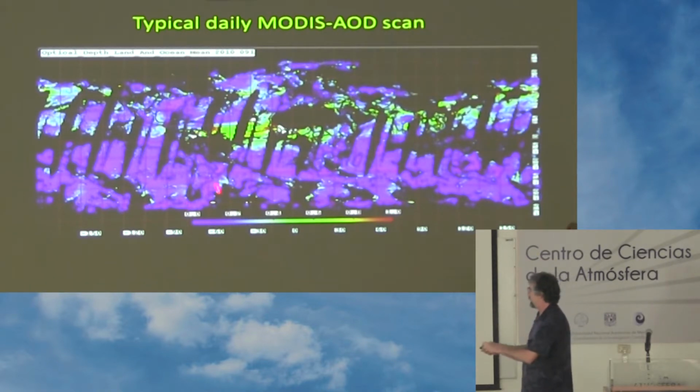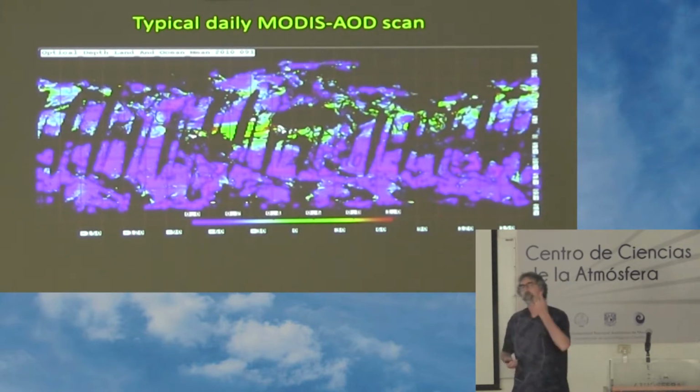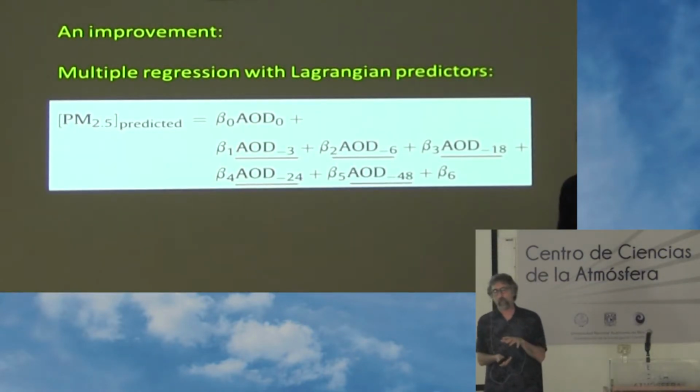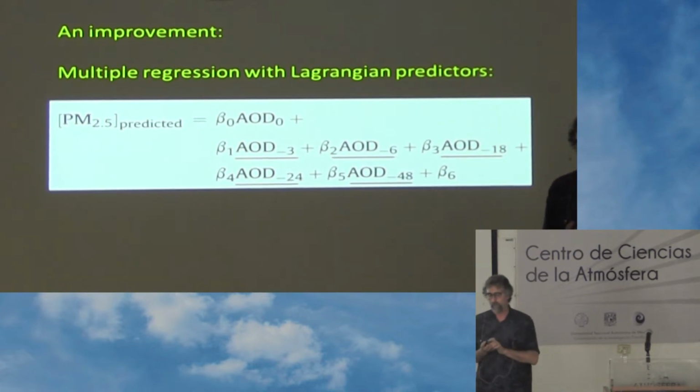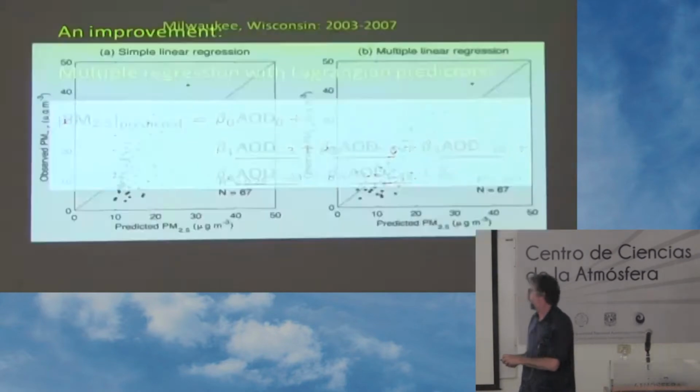And there are other areas like here where there were clouds all day, so there are no measurements. So with this model, you have a problem because you can only use aerosol optical depth when it's not cloudy. But that problem is multiplied because it has to not be cloudy at your location of interest. It has to also not be cloudy 3 hours upwind and 6 hours upwind, etc. So we have a problem with data availability.